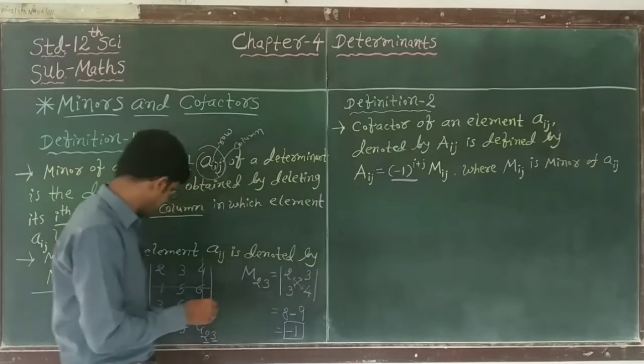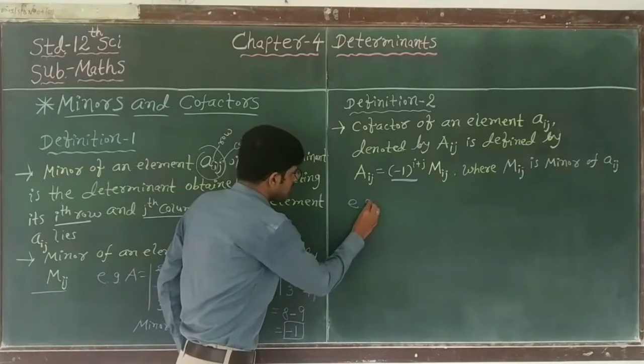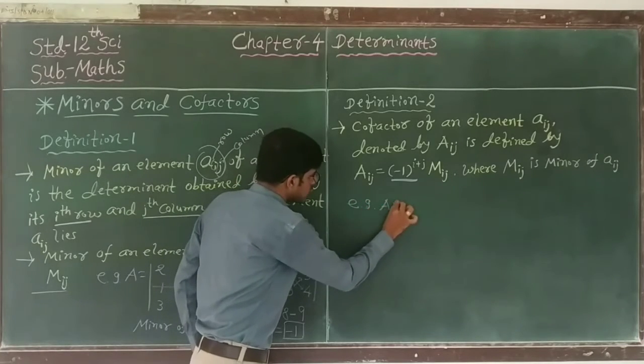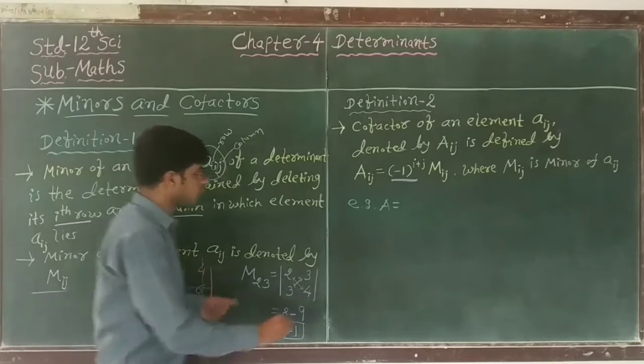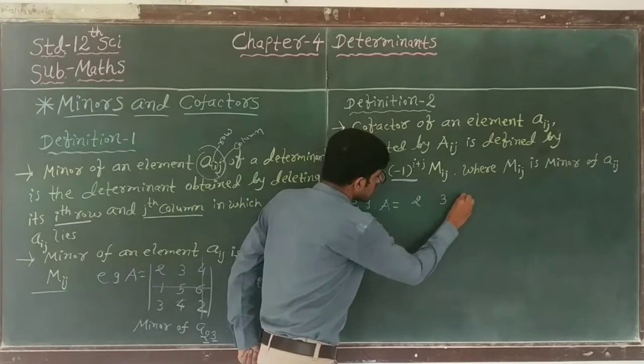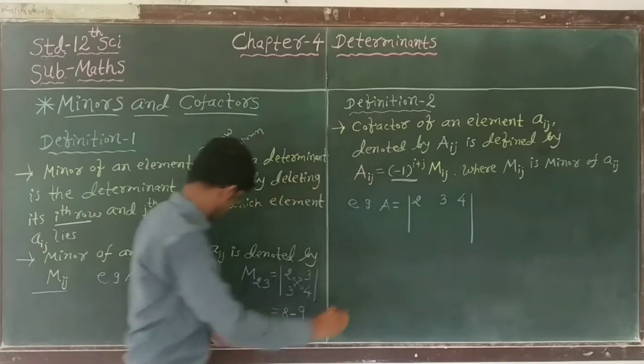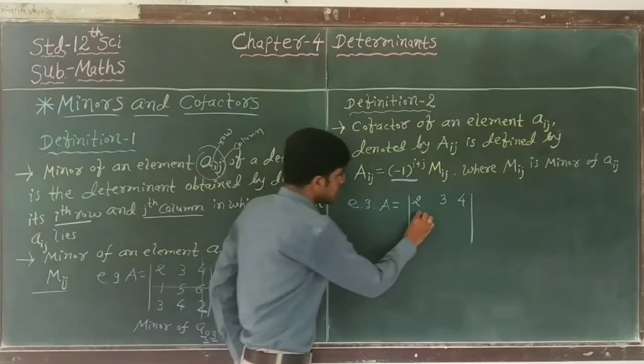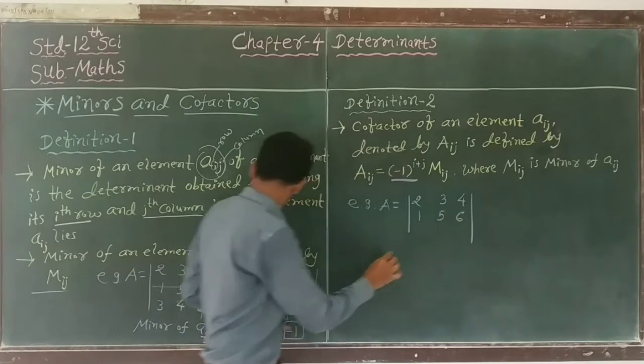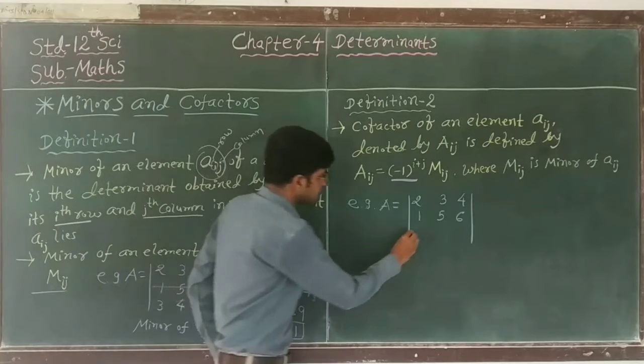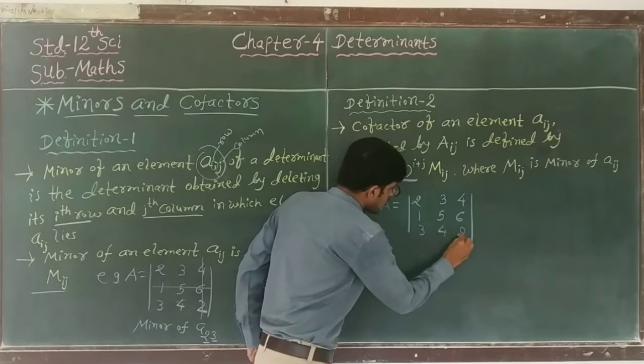So we write the same example. A is equal to the determinant with rows 2, 3, 4; 1, 5, 6; 3, 4, 2.